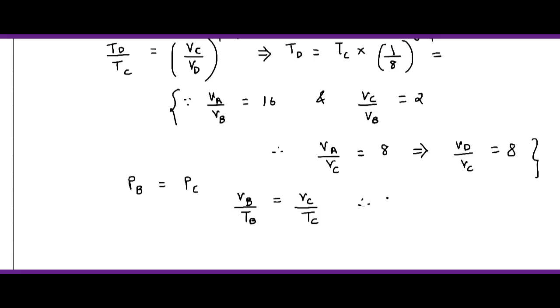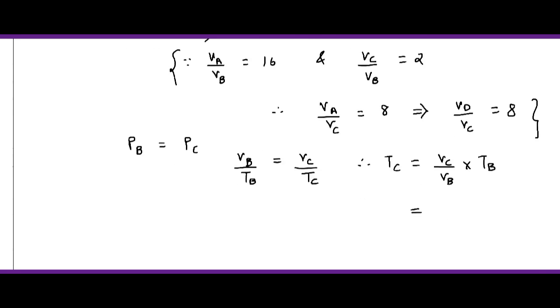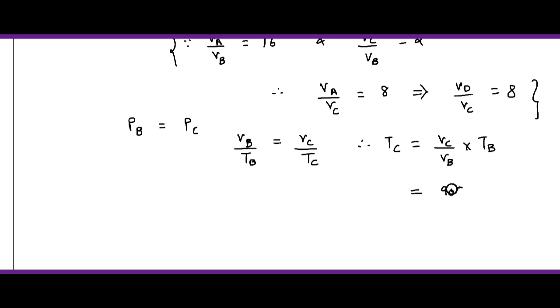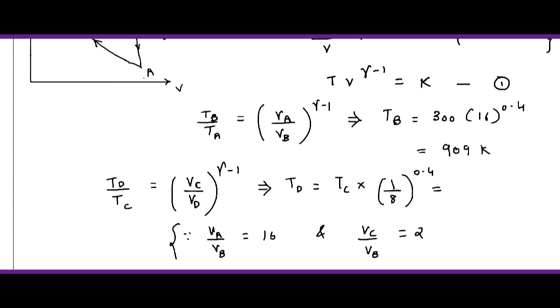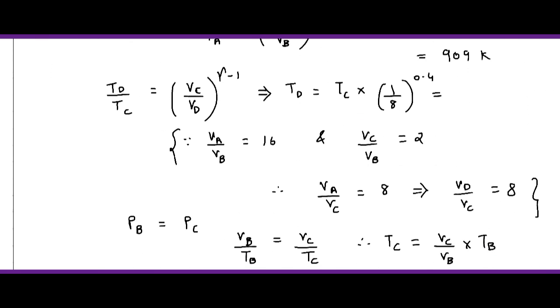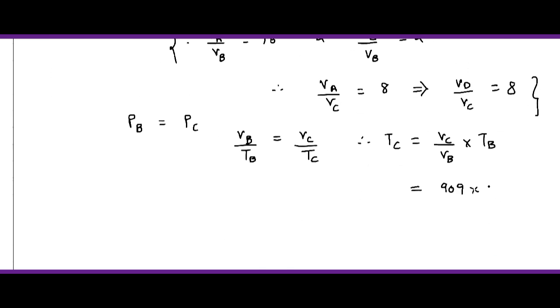From here the value of TC can be written as VC by VB into TB. The temperature TB we have calculated as 909, so it is 909 into VC by VB, and the ratio has been given as 2. So this value comes out to be 1818 Kelvin.